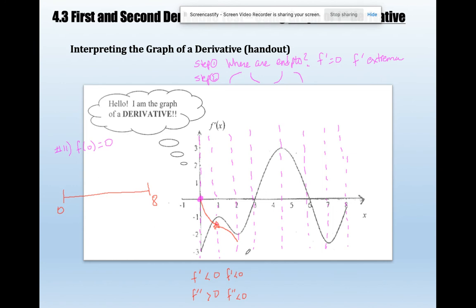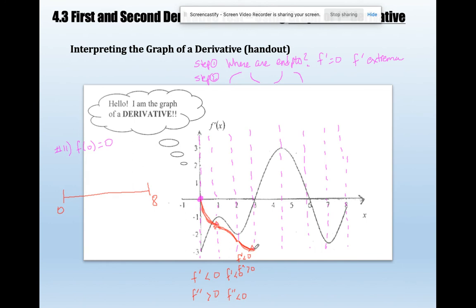How about between 2 and 3? Between 2 and 3, first derivative is still negative, but what are the slopes on the first derivative? Positive. So you are still decreasing, but concave up again. Over-exaggerate your concavity when you're doing this. I didn't do a good job at exaggerating my concavity.